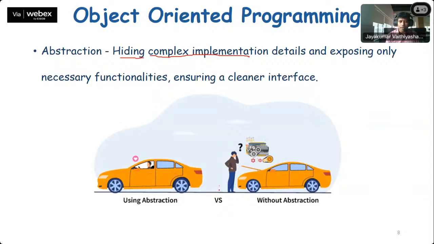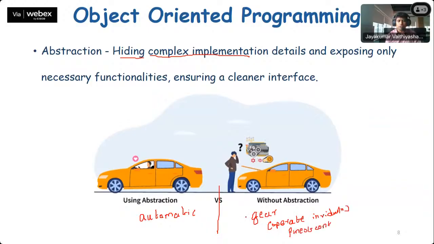Take an example of an automatic car and a gear car. In a gear car, you know each and every gear, you are able to operate individually, able to control, finest control.